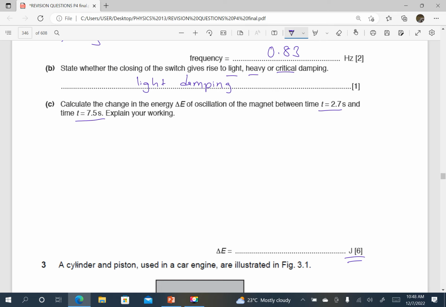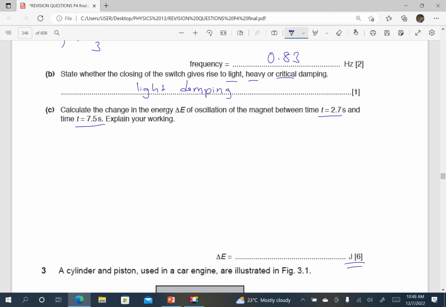So let's first find the amplitudes, because we know that energy is equal to a half m omega squared x naught squared. We have found omega, we know the frequency, and omega is equal to 2 pi times f. So we just need to find x naught for 2.7 and 7.5. Then we shall get the difference in those two values.